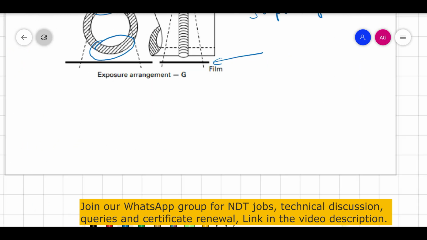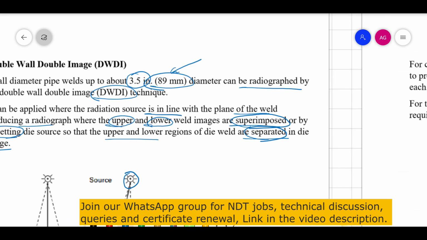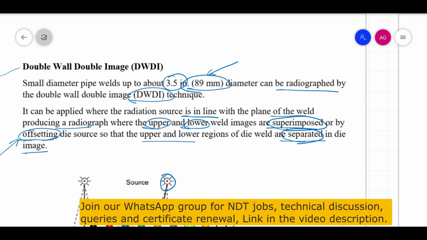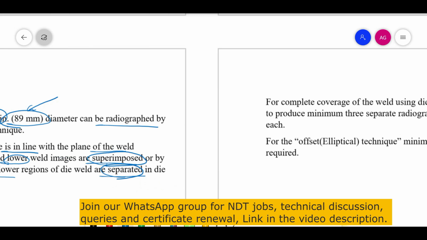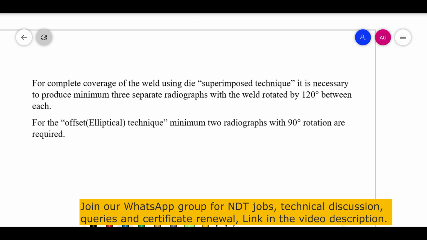So these two techniques are there in DWDI technique. If your job diameter is less than or equal to 89 mm, then you have to go for this technique.